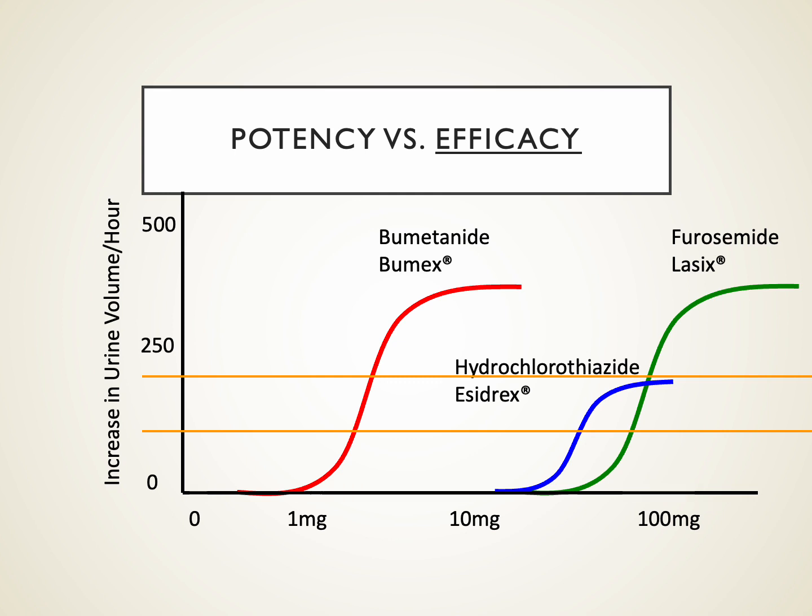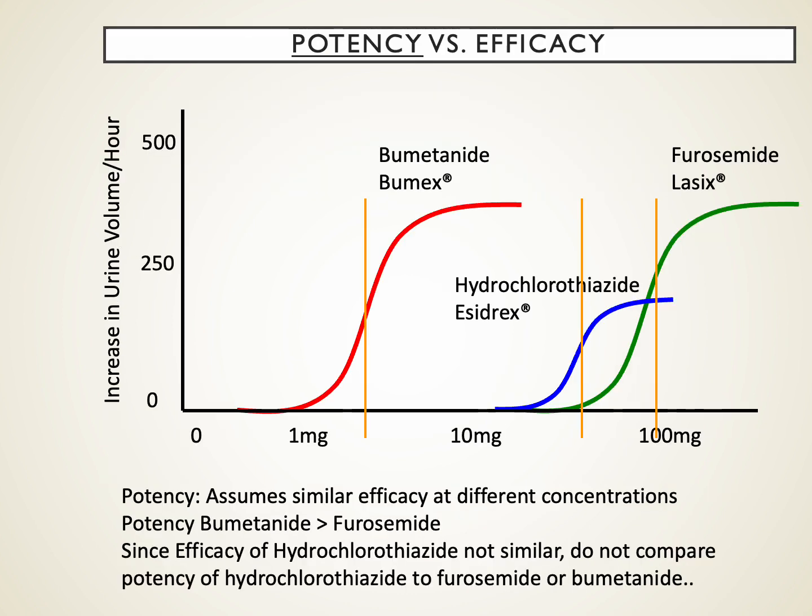You'll see here that the median, the middle line, the higher line, is the efficacy of bumetanide and furosemide, and yet the median efficacy of hydrochlorothiazide is less. So they're not equally effective. At least, hydrochlorothiazide is not equally effective to bumetanide or furosemide.